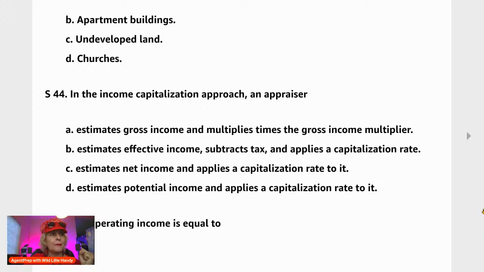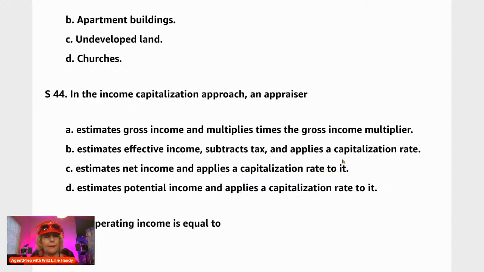No, it is not A. Okay, so the capitalization rate is applied to net income after expenses. So C is what the appraiser is going to use. On an income capitalization approach, an appraiser estimates net income after expenses and applies a capitalization rate to it.